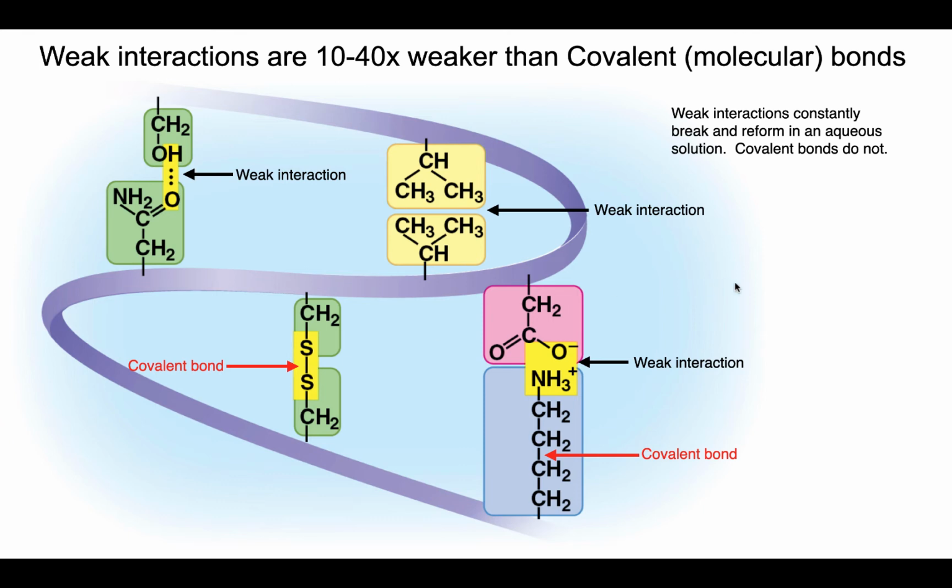Weak interactions are about 10 to 40 times weaker than covalent bonds, which means that within an aqueous solution, at physiological temperatures and physiological pHs, weak interactions are constantly being broken and being reformed, okay? They're made, they're broken, they're made, they're broken.